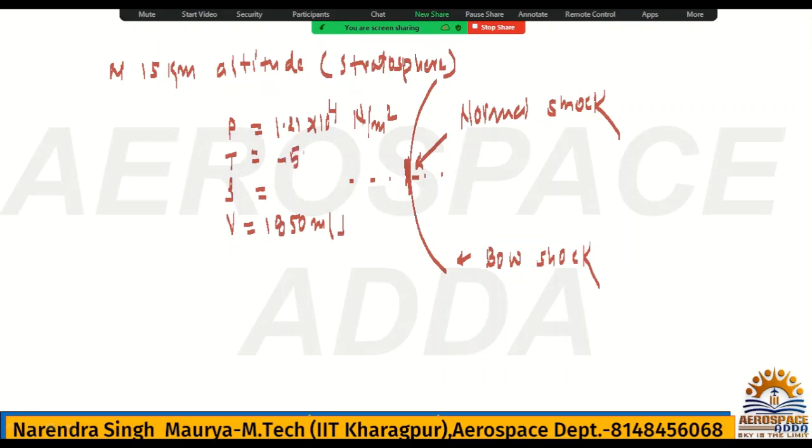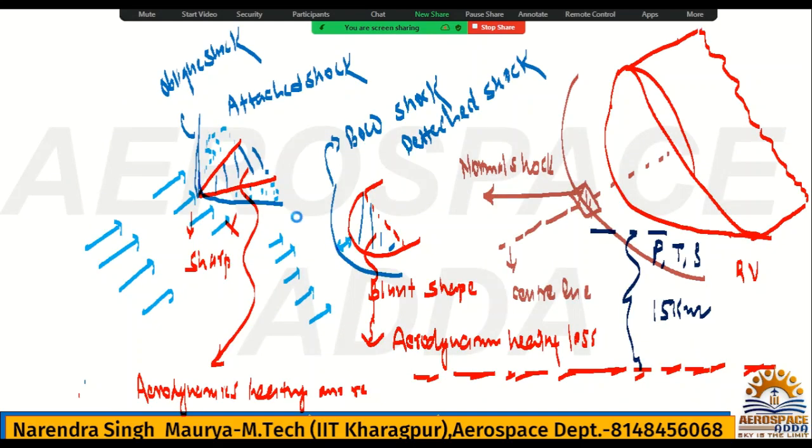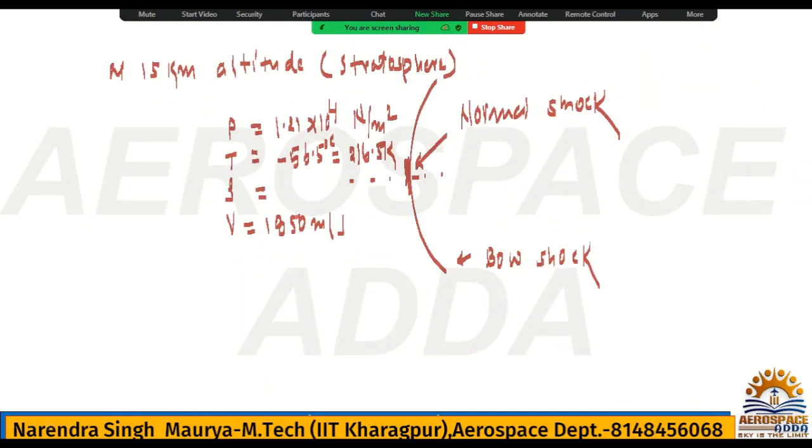Minus 56.5 degrees Celsius, convert it into Kelvin, so it is 216.5. This value is at 11 kilometer altitude, but it is a stratosphere, so at 15 kilometer altitude also the temperature will be same. And density is required? They have asked static pressure and temperature. The density they have not asked. If you want you can write, otherwise you leave it, no issue.